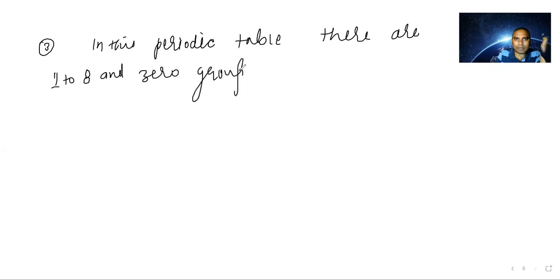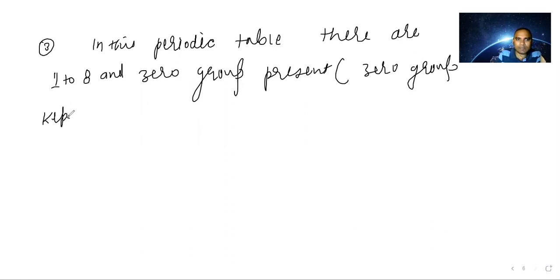The 0 group was kept much later, after the discovery of noble gases. So 1 to 8 groups are there.